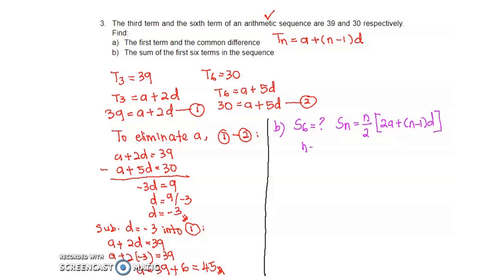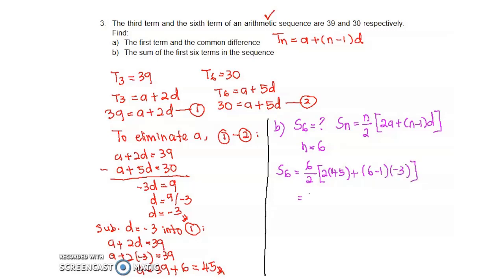Now n equals 6. Substitute the values into the formula. So 6 over 2 times 2a, where the first term just now is 45, plus n minus 1, so 6 minus 1, times the common difference, negative 3.